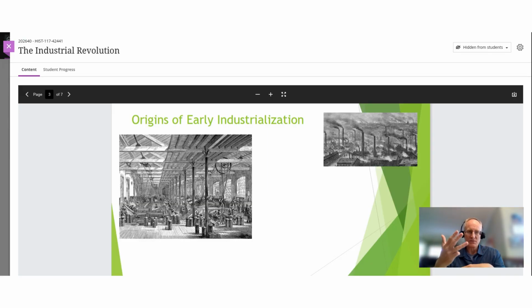Britain, fourthly, also possessed the natural resources necessary for the industrial age. Coal and iron ore were basically the two central ingredients needed during the Industrial Revolution, the initial industrial age itself.